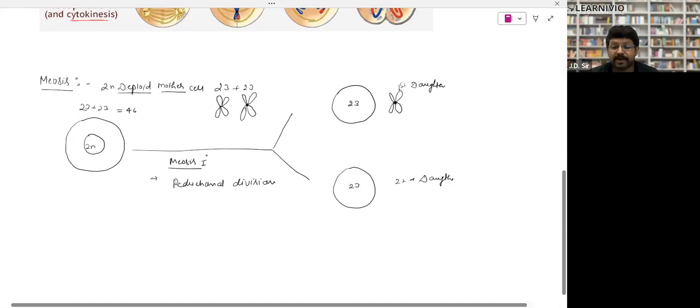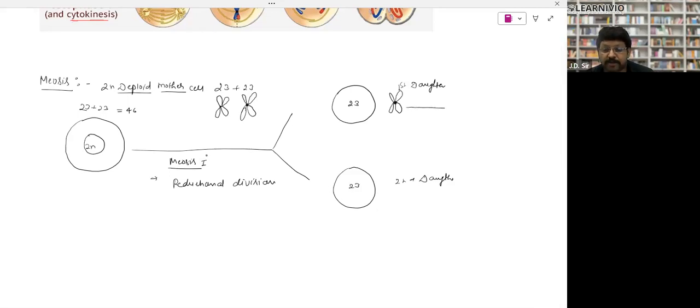Now what will happen? These daughter cells will divide. Now these daughter cells will become mother cells. Got it? Now they are mothers for the next one. Yes, Martin, clear or not? Yes, sir. Now what will happen? The chromosome will break from here, right? Now it will form two daughter cells having 23 chromosomes. Clear? The second daughter cell also has 23 chromosomes, right?